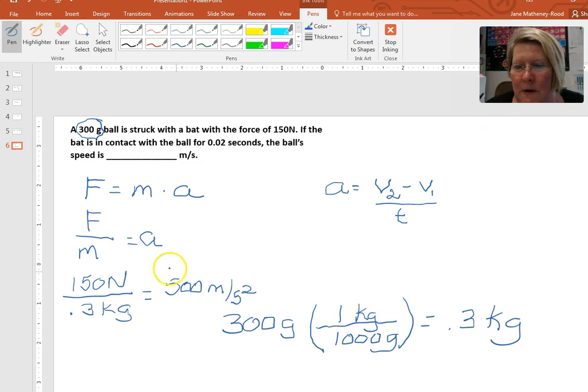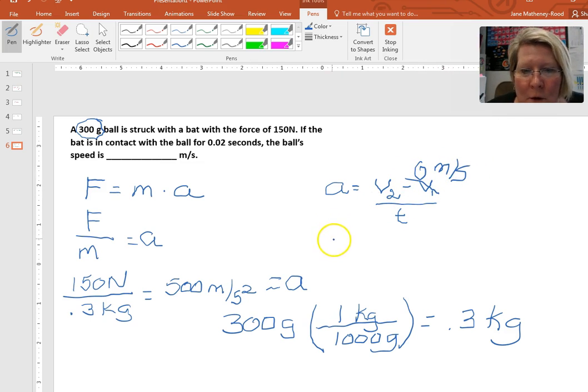What we're trying to solve here, keep in mind, is the ball's speed. We have the acceleration, and we're going to solve in this equation for v2. We're assuming initial speed is 0 meters per second, so that drops away. If we rearrange the equation, we get v2 is equal to acceleration times time.